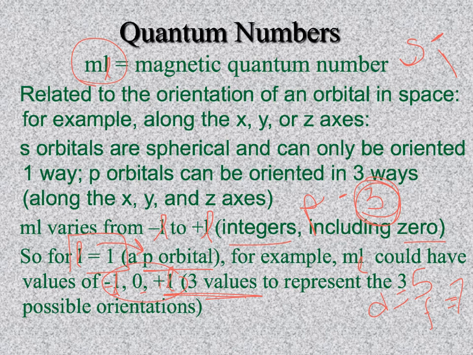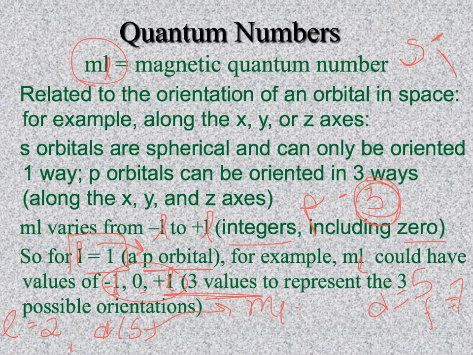Let's think through that now. If L equals 2, what kind of orbital are we talking about? We're talking about a d. Now remember, we've learned already there are 5 d orbitals in a d sublevel. Let's see why. You'll see that as we go to the m sub L values.